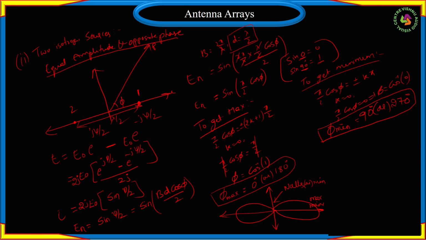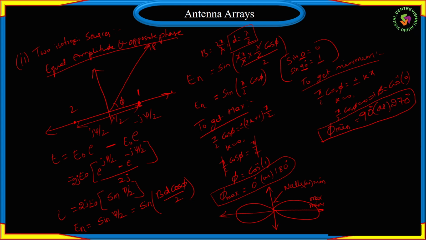See here, we have taken equal amplitude and opposite phase. So that's why E naught e power j psi by 2, E naught e power minus j psi by 2, but we have taken minus in between them. Previously we have taken plus, now we have taken minus. Then this is your result, the normalized field component. Then you have substituted d equal to lambda by 2. Then this is your normalized field component equation.